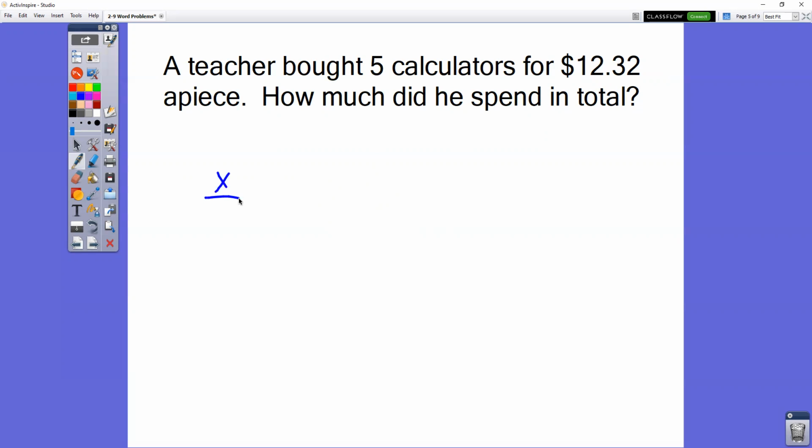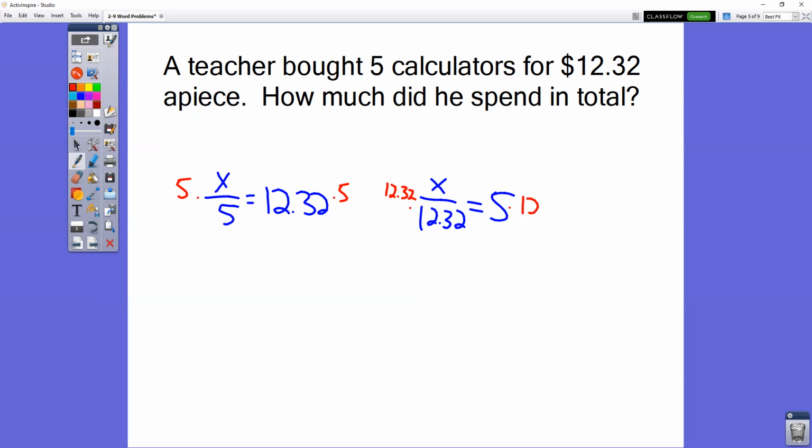So we could set up x divided by 5 equals $12.32. Or in this one, there's actually 2 different ways to do this one. X divided by $12.32 equals 5. Because when we would go to solve this, you would have to multiply by 5 on both sides, or multiply by $12.32 on both sides.